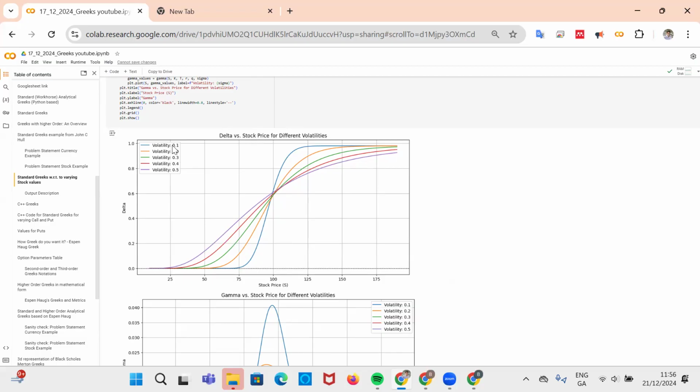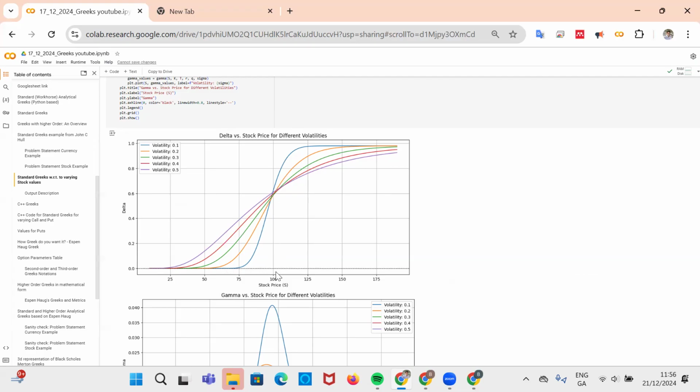And what we observe is as we increase the level of volatility, the delta becomes more linear and we go from a zero slope here to very quickly a very elevated delta when we're out of the money.